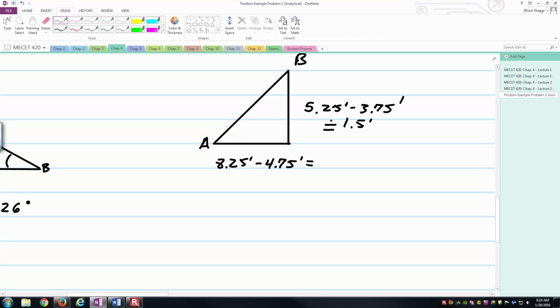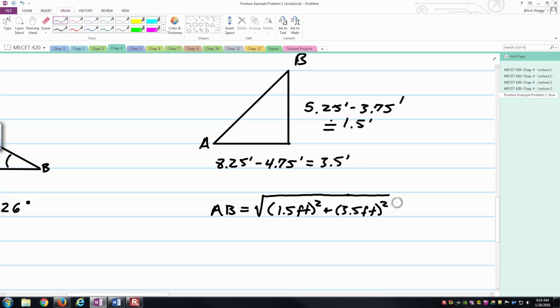That's one I'll just enter into the calculator. 3.5 feet. And let's also find AB while we're at it. And so AB, we can compute the hypotenuse just using Pythagorean theorem. I'll put 1.5 feet squared plus 3.5 feet squared all under our radical. Looks like 3.81 feet there.